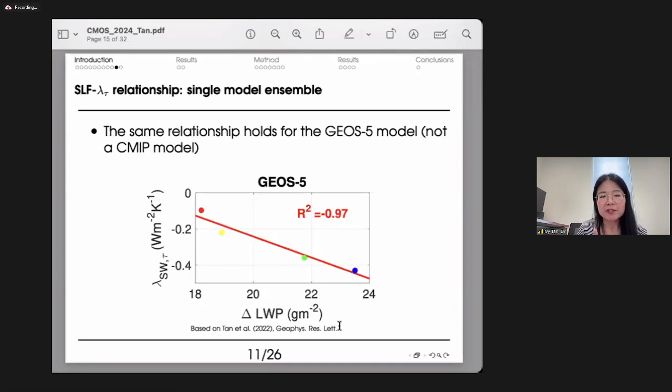So the fact that larger cloud water increases are associated with lower SLF states and also more negative cloud optical depth feedbacks, lambda sub tau, is also consistent with the cloud phase feedback. I also note here that the R squared value for this linear relationship between lambda sub tau and the change in cloud liquid water path is very high in this model.